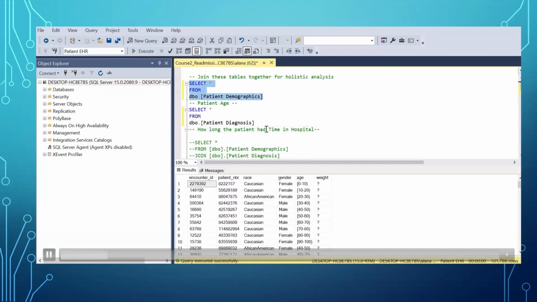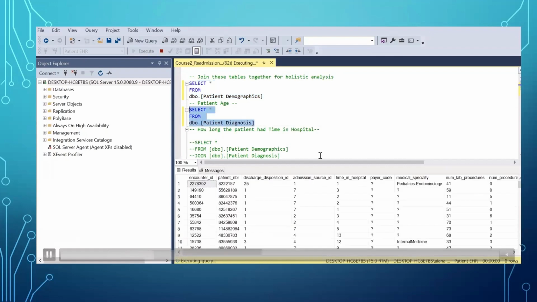So what I'm showing is in the SQL query, you can do a select statement to actually showcase the information in the patient demographic table. And so you see some columns such as the patient health card number, race, gender, age, weight. And I have another select statement, which will look at the patient diagnosis information. And this table has a lot more information in it.